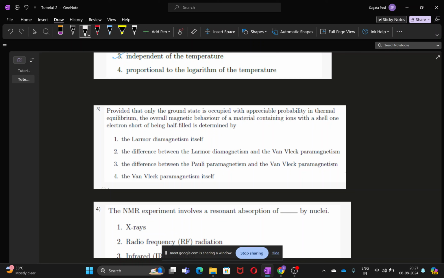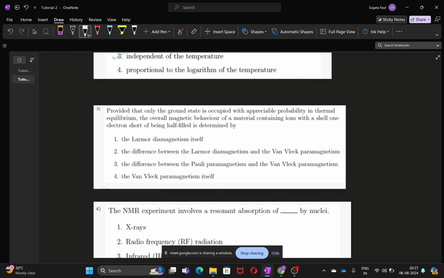Okay, so question number 3 is: provided that only the ground state is occupied with appreciable probability in thermal equilibrium, the overall magnetic behavior of a material containing ions with a shell 1 electron short of being half filled is determined by, there are 4 options given and you have to choose the correct option. First, let us understand the question part by part and break it down to understand what is being asked.